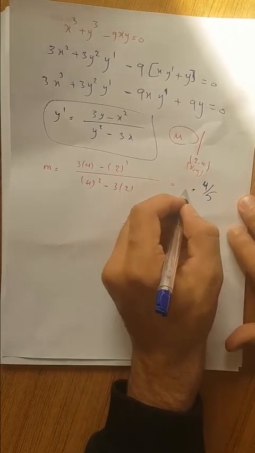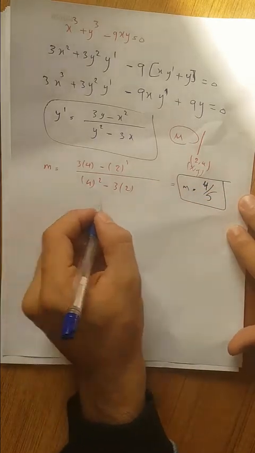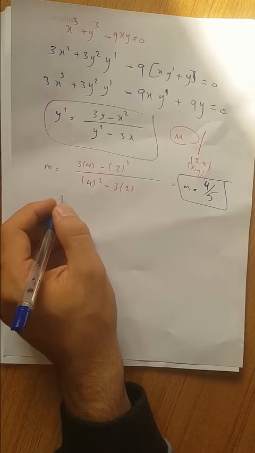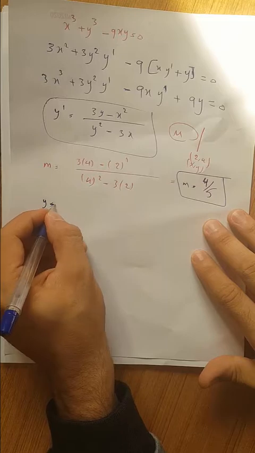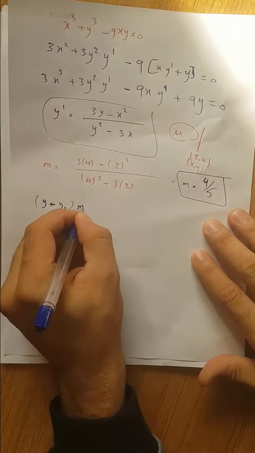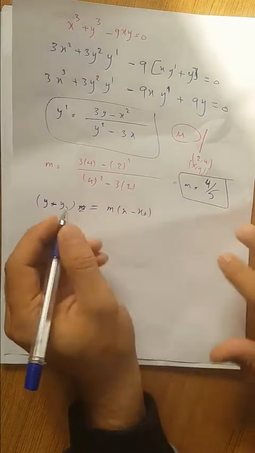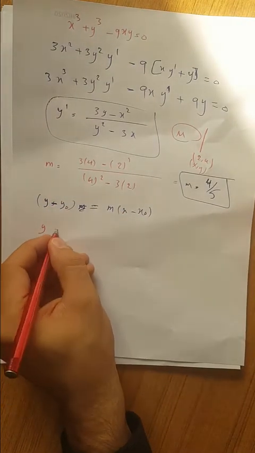So here's the slope. Now we have a point and a slope. As I told you, we have y minus y naught equal to m times x minus x naught.